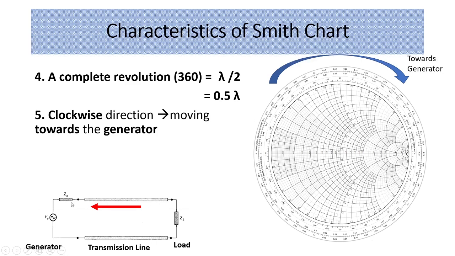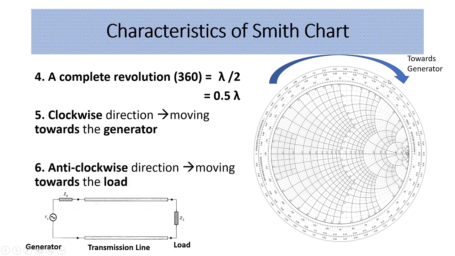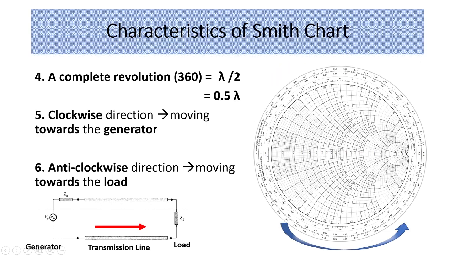It consists of the generator circuit, then the transmission line and the load circuit, which consists of the load impedances, etc. When we are moving towards the generator, that is from load to generator, we move in the clockwise direction on the Smith chart. The distances are taken in the clockwise direction. And when we are moving towards the load, that is from generator to load, we move in the anti-clockwise direction, so the distances are taken in the anti-clockwise direction.